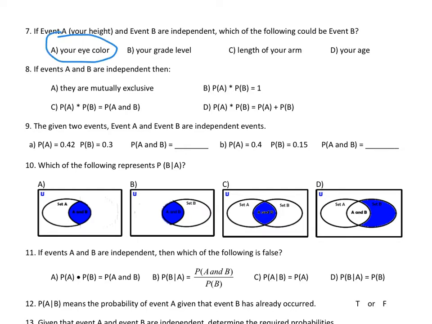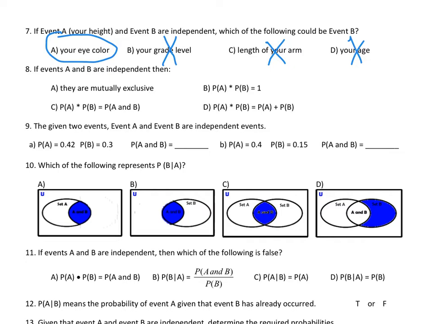So for grade level, then height would be related, for instance, maybe not in high school, but comparing a first grader with an 8th grader. The length of your arm, also thinking of small children, and height relating to age for small children also. So eye color would not be related to height.